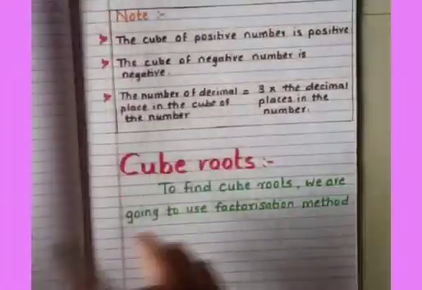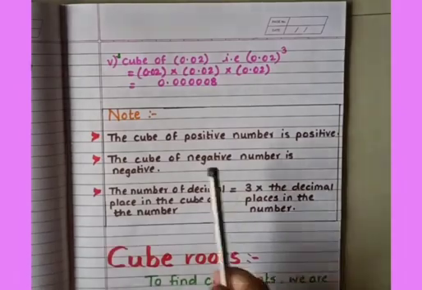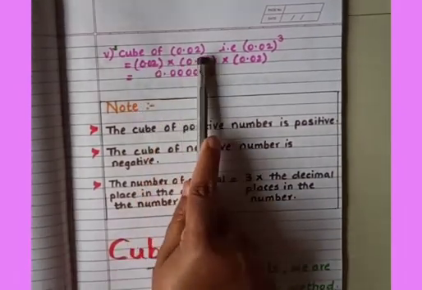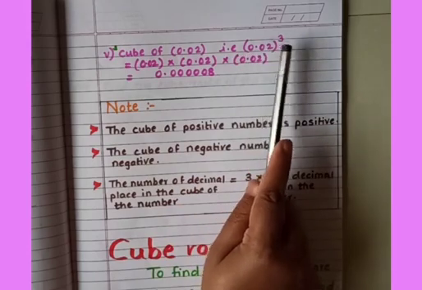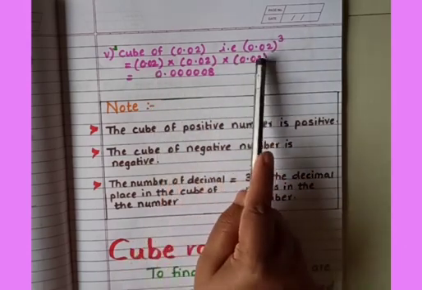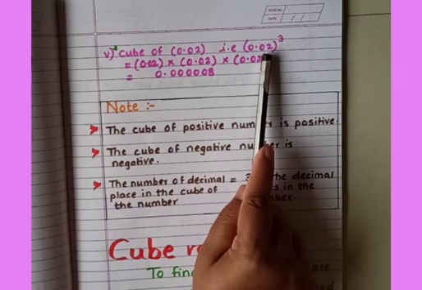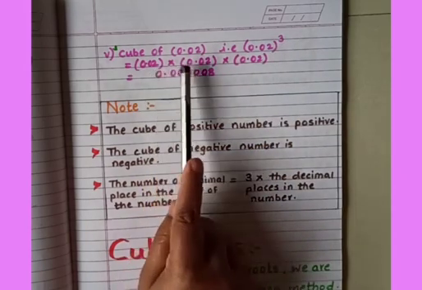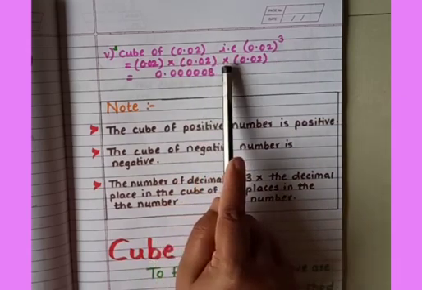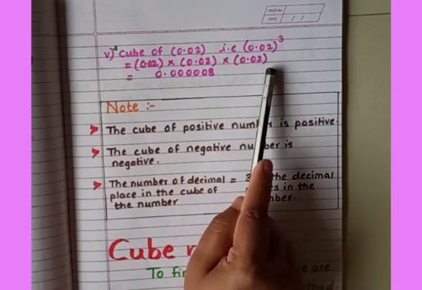Next one, fifth one. Cube of 0.02. First, in index form we can write it as 0.02 raised to 3. In product form, 0.02 multiplied by 0.02 multiplied by 0.02.